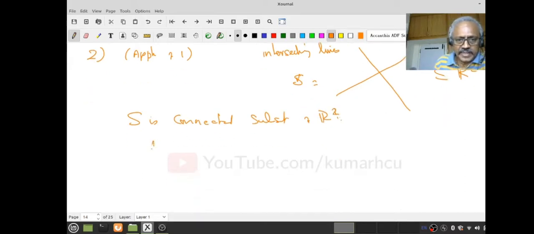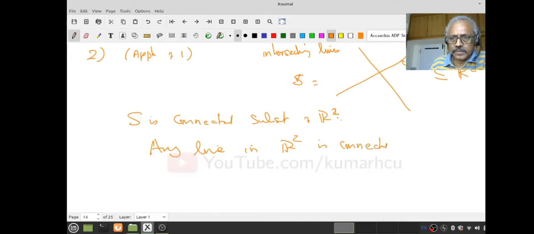Because we proved any line in R2 is connected. So this is a connected line, call it A, and this is B. A intersection B is non-empty, it contains this point. Therefore A union B is connected, but A union B is this pair of intersecting lines. So in R2 we have seen a lot of conic sections, degenerate and non-degenerate, and checked connectedness and non-connectedness.